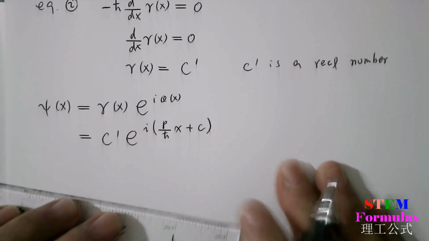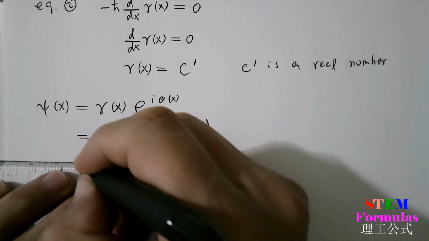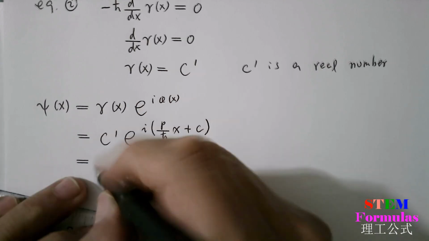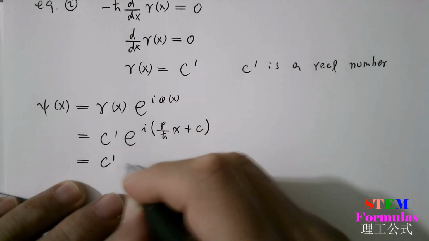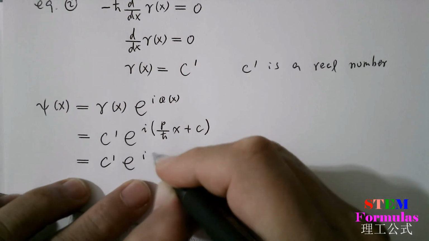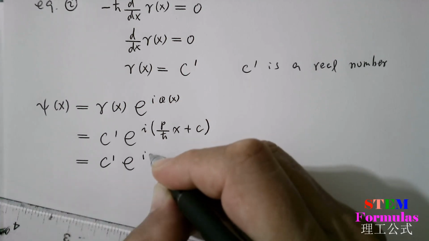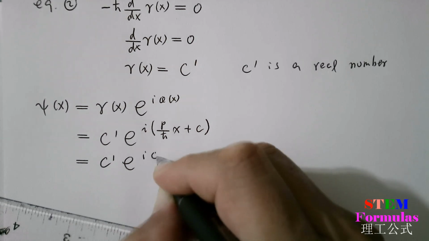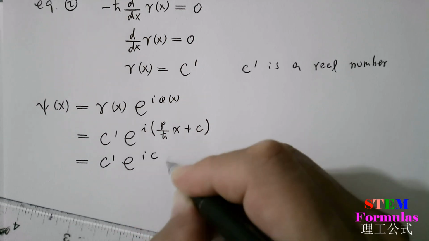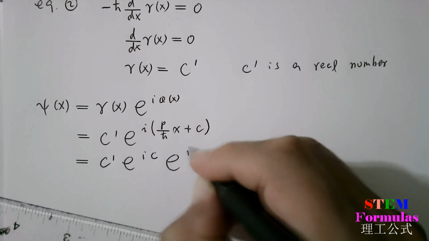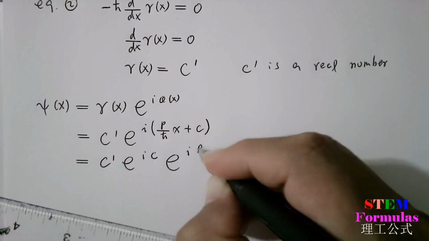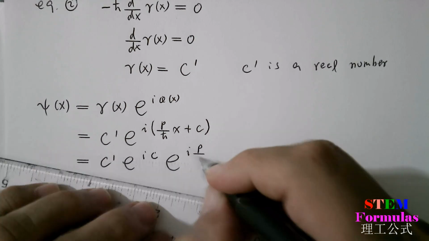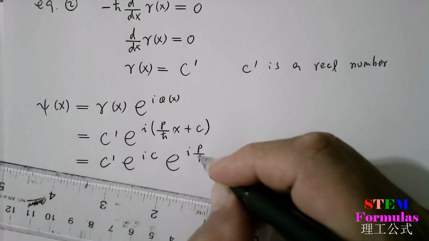So equal c prime e to the i c and e to the i p over h bar x.